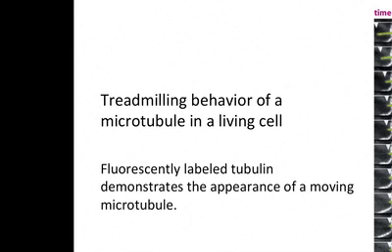But that happens slower than addition, so the stuff closest to your minus end is going to be D-bound, and that's why it's more likely to leave. The critical concentration is very different at either end because T-bound binds differently than D-bound.